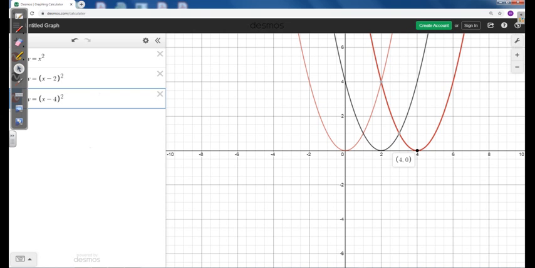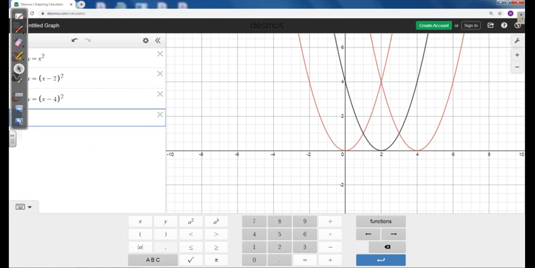So, let's see. y equals (x plus 1) squared.